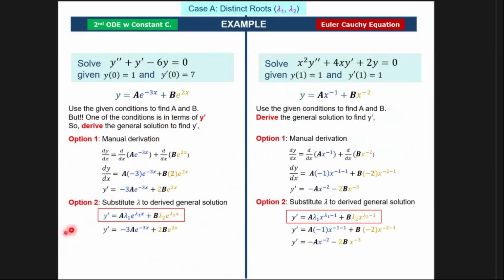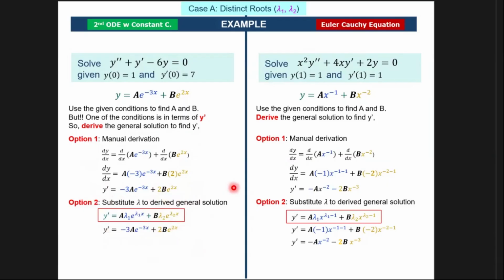This option is up to you, whether you want to do manual derivation or substitution. Eventually, you will have equal answers for both methods.